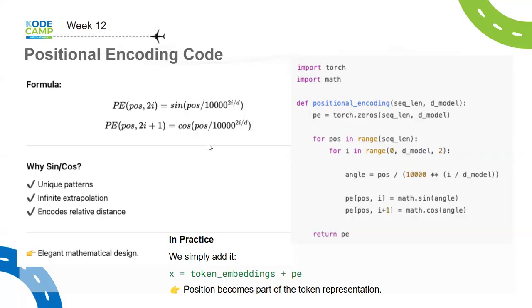The numbers will always switch between 0, get to 1 at the highest and -1 at the lowest. And it also encodes relative distance, because when it gets to the top and starts going down, it is like saying, okay, we have started again. When it gets to 0 after a full cycle, it is like, okay, we have started another cycle. And that's the whole idea of relative distance.